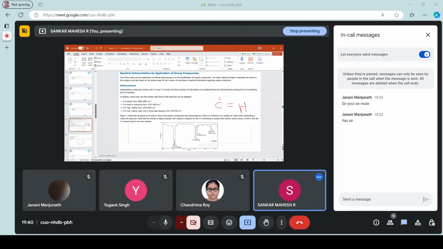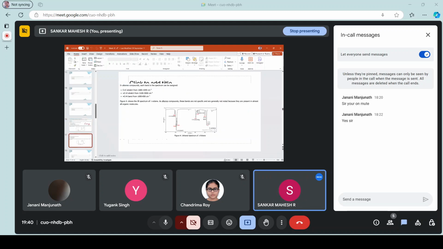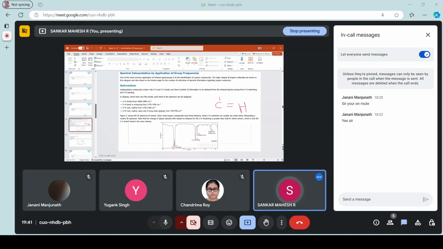An example shown here: the C-H stretch can be quantified at 3000 to 2850 cm^-1, and so on, whereas the double bond C-H stretches from 3100 to 3000 cm^-1, which varies significantly from the C-H stretch.